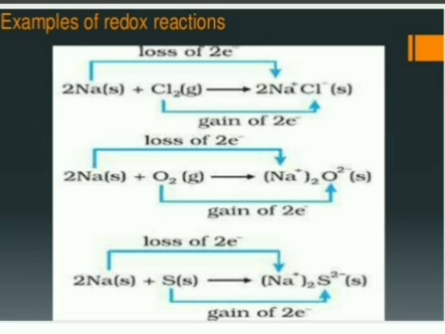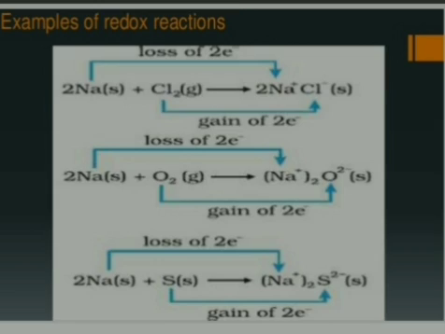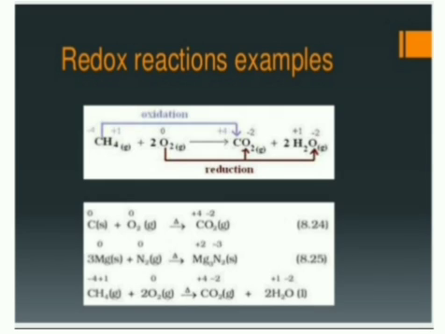For example, when sodium reacts with chlorine, sodium loses an electron and chlorine gains an electron. This is an example of redox reaction. Similarly, when methane is oxidized, it produces carbon dioxide and water.